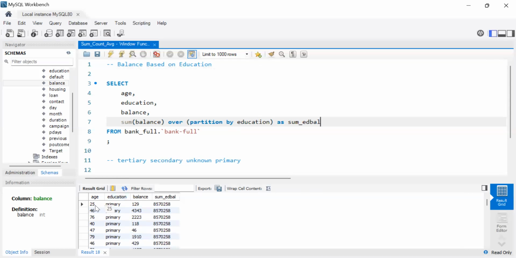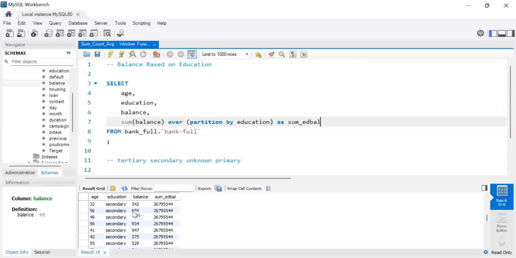As you can see, we have person 25, education level primary. Their balance is 129, and the total balance for everyone who has the education level of primary is 8.5 million. Let's quickly scan down. For secondary, we have person 56.